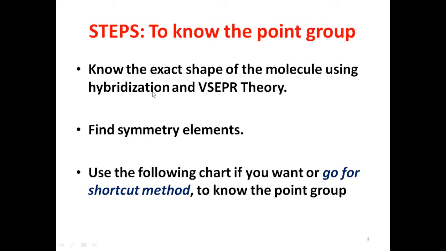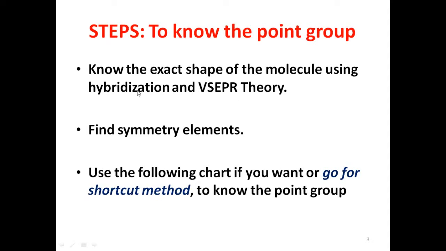For sp3 hybridization you have tetrahedral, for sp2 you have trigonal planar. After that you also apply VSEPR theory. If your molecule has a lone pair along with the bond pairs, then the geometry remains the same but the shape changes. It is very important to note that geometry and shape are different things.